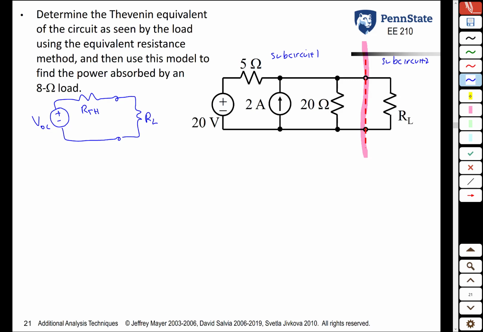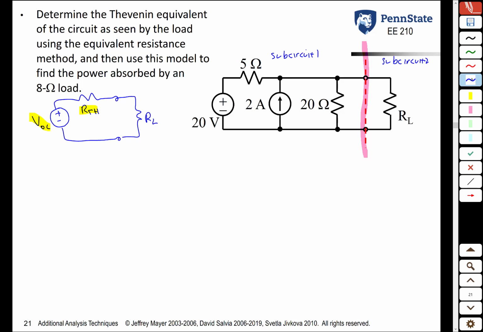And what we need to do is find out what our Thevenin is, and we need to find out what VOC is. Once we do that, we're going to use this Thevenin model to then find the power absorbed by an 8 ohm load if it is attached to this circuit.